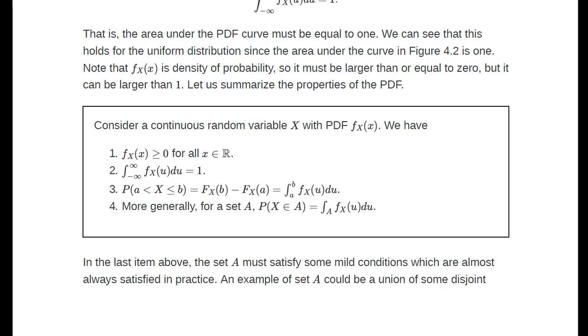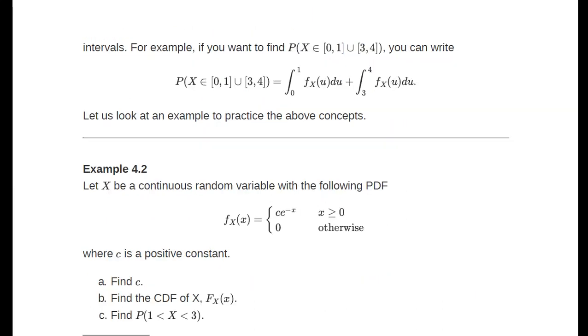In the last item above, the set A must satisfy some mild conditions which are almost always satisfied in practice. An example of set A could be a union of some disjoint intervals.